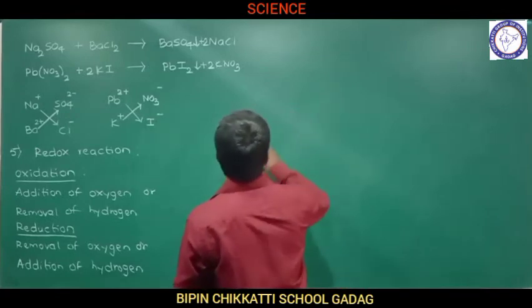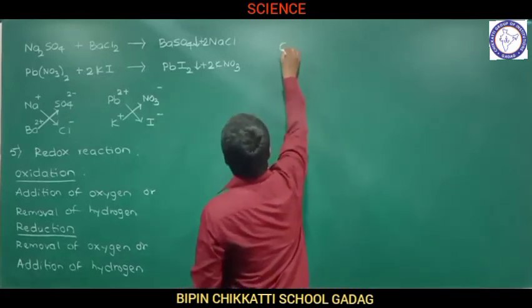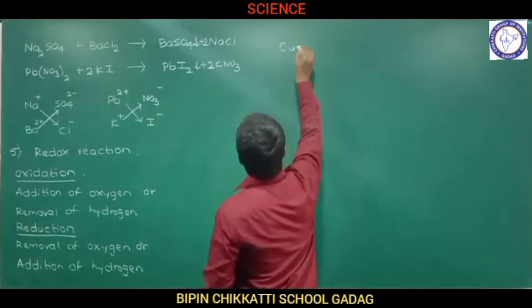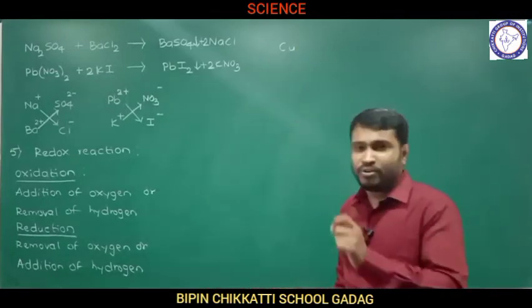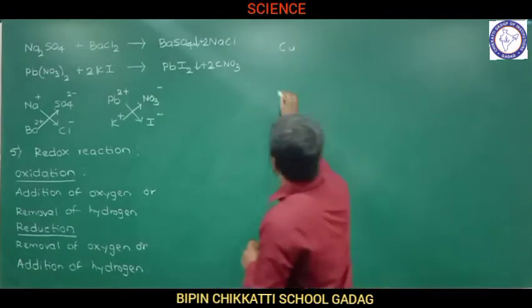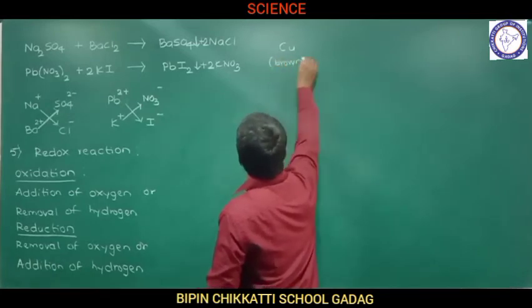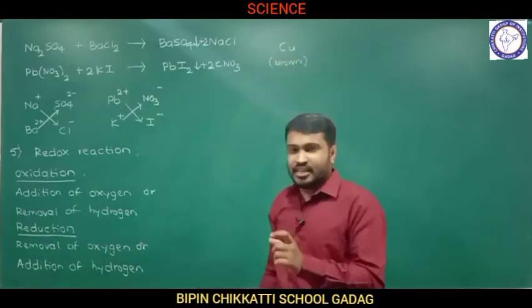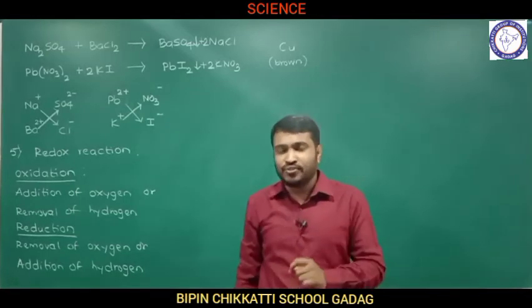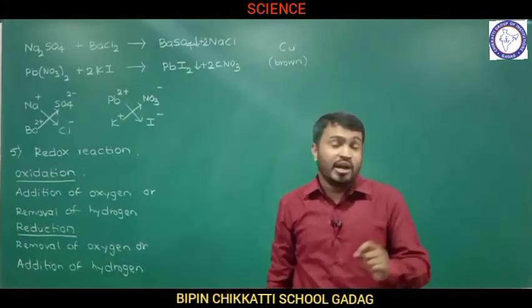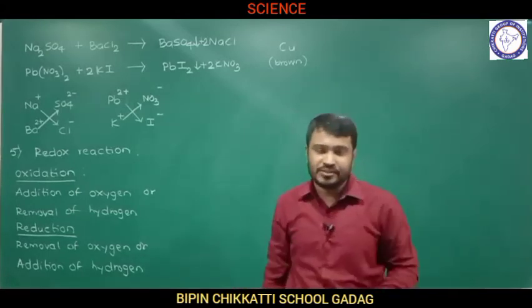So now we will see the example, then it will be very clear what oxidation and reduction stand for. Let me consider one example, that is copper, and I hope you know the color of copper is brown. When you keep the copper as it is for a long time, oxidation takes place.